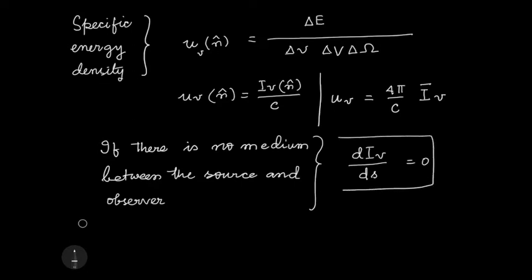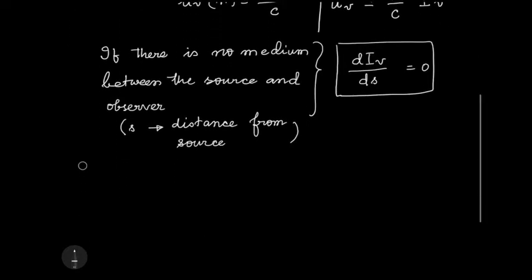So this quantity is zero. There is no change. So s, remember, is the distance from the source. This is what we did in the last discussion.